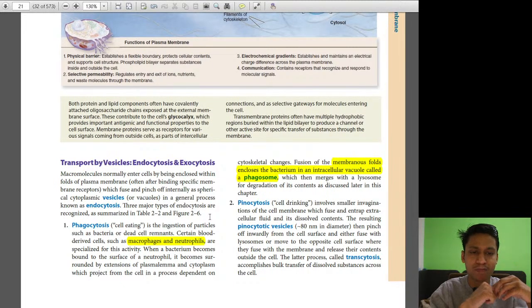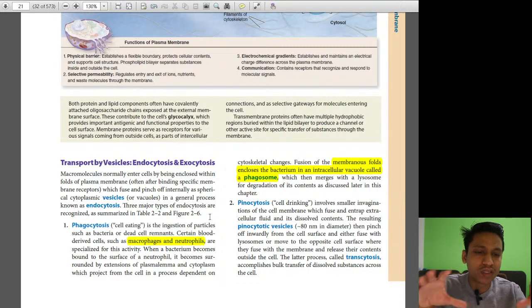Fusion of membranous folds encloses the bacterium in an intracellular vacuole called a phagosome, which then merges with a lysosome for degradation of its contents, as discussed later in this chapter. We will study phagosomes later, but the fusion of the membrane folds enclosing the bacterium in an intracellular vacuole is basically called a phagosome. That structure.